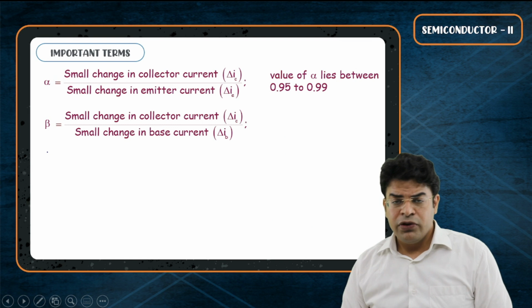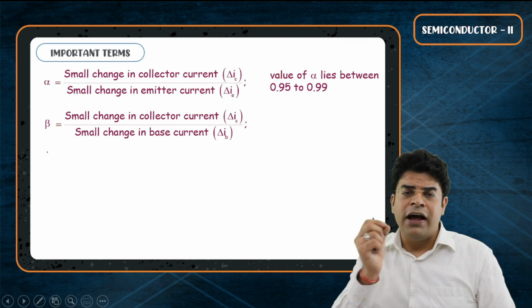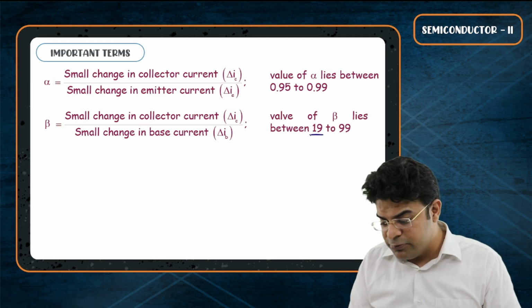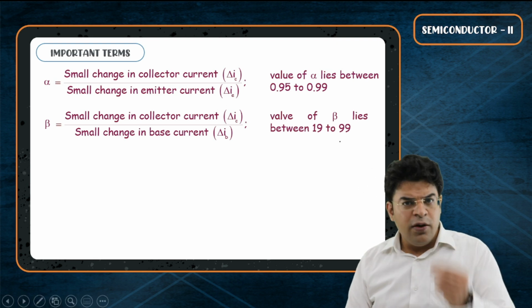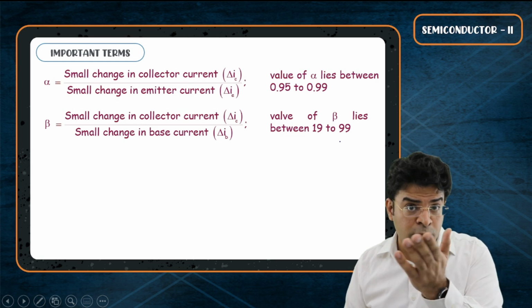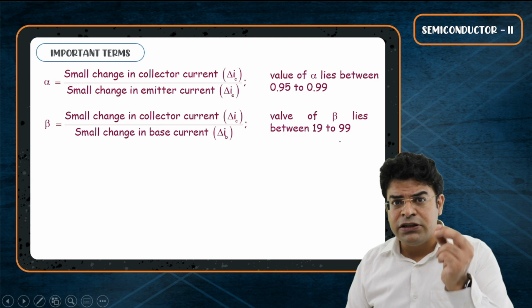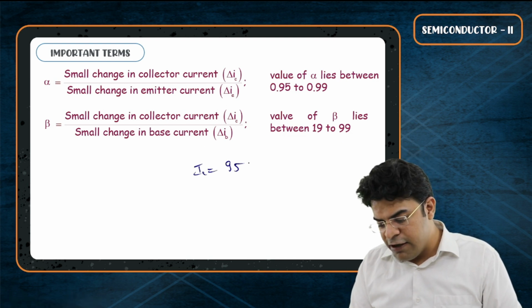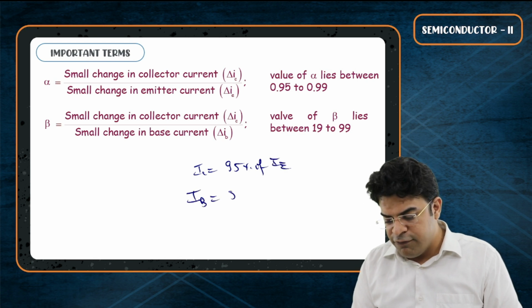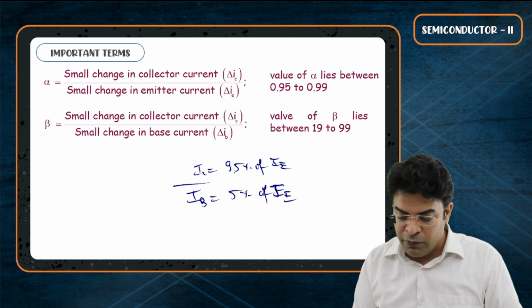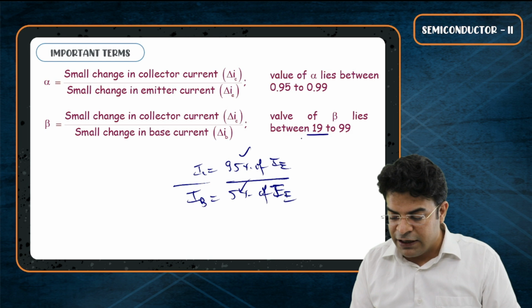Do remember, since 1 to 5% of charge carrier recombined at base, the value of beta lies between 19 to 99. If 5% of charge carrier recombine at base, it means that 95% moves to collector. So IC will be 95% of IE, while IB will be 5% of IE, and the ratio IC by IB comes out to be 95 by 5, that is 19.